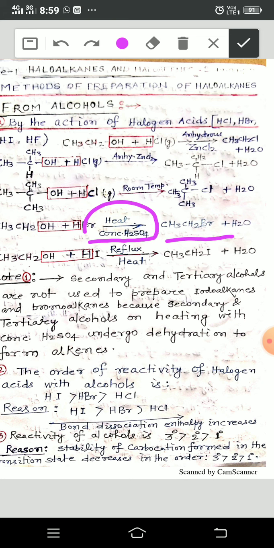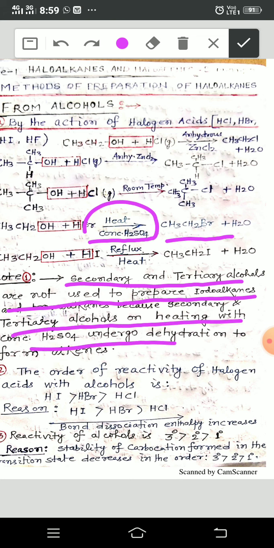In the chapter on alcohols, I will teach you the mechanism of the preparation of alkene from alcohol by the action of Conc(H2SO4) on heating. So that's why it is written that secondary and tertiary alcohols are not used to prepare iodoalkanes or bromoalkanes, because tertiary alcohols on heating with Conc(H2SO4) undergo dehydration to form alkenes.